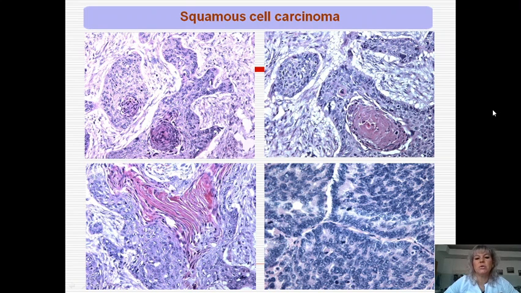In those pictures, you can see squamous cell carcinoma with keratinization and without keratinization. Non-keratinous squamous cell carcinoma is more malignant.